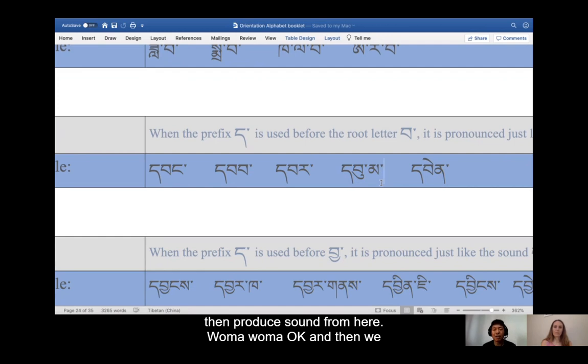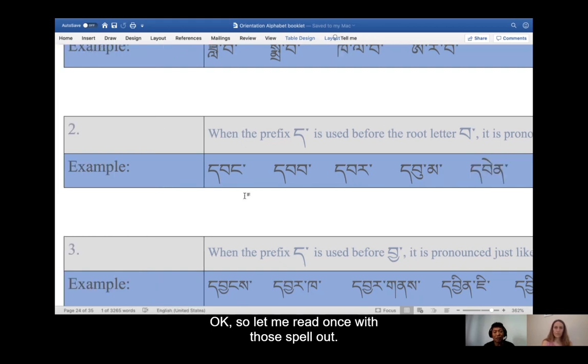And then we have ta, wa, jingbo, we, na, win. Win. So let me read once without spelling out.